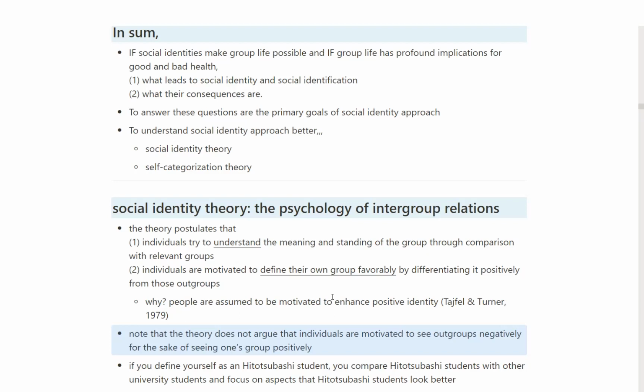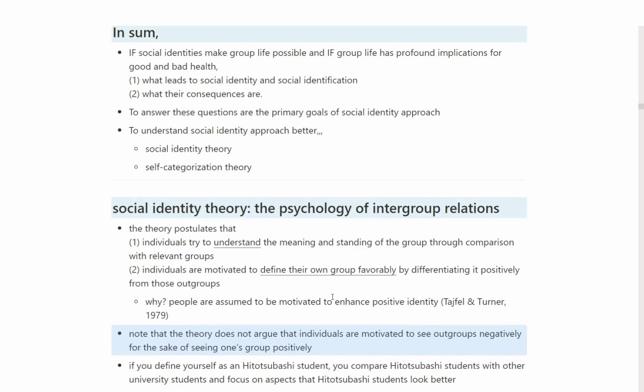So I guess the starting point is not what negative points other groups have; instead, people usually start by thinking about what positive aspects their in-group has, and then they try to find groups that do worse than their own group.